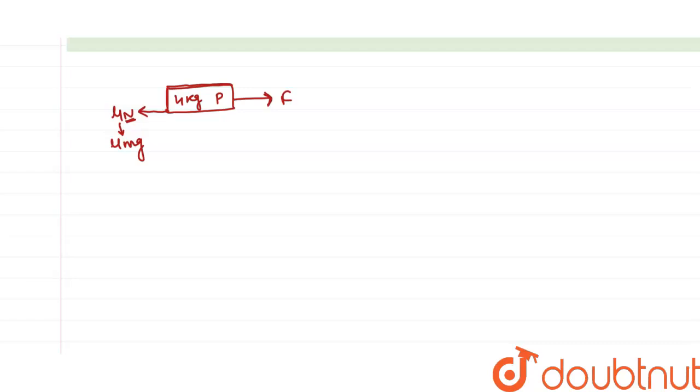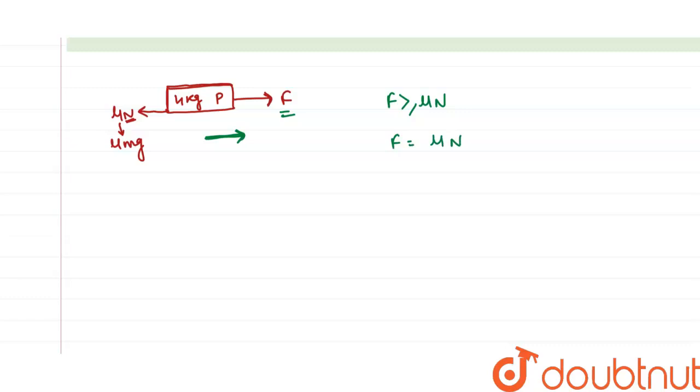If this block slides in the rightward direction, that means the value of F is greater than or equal to mu N. So I can write F equals mu N.